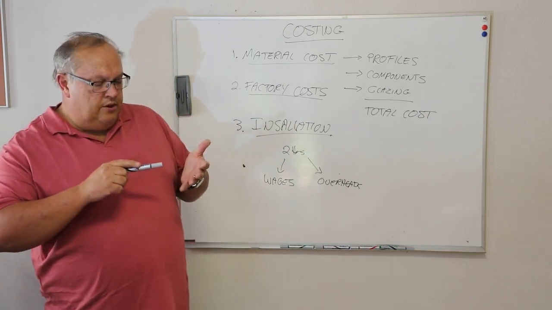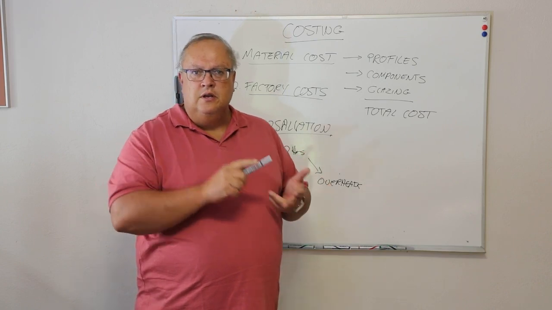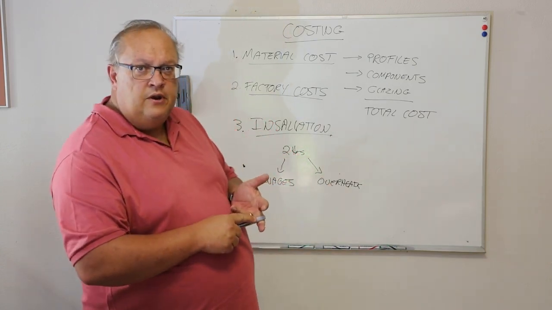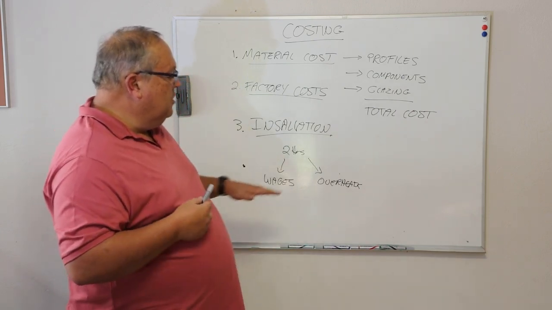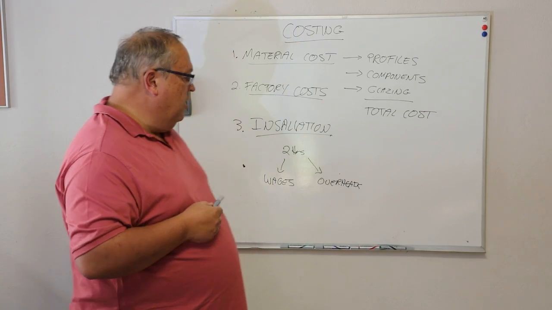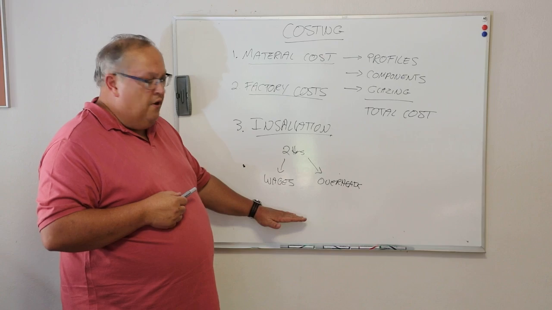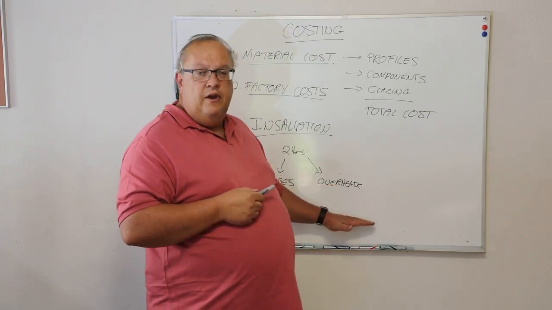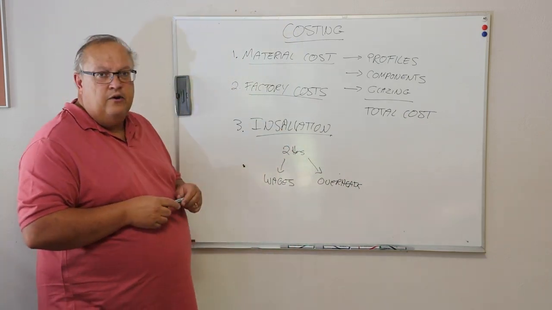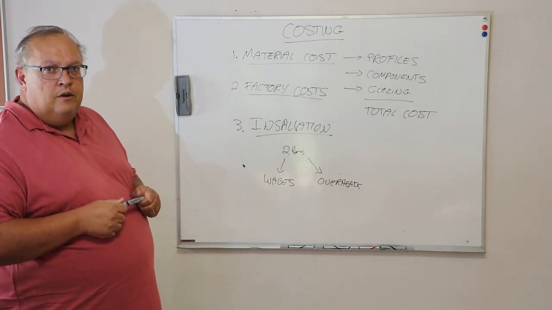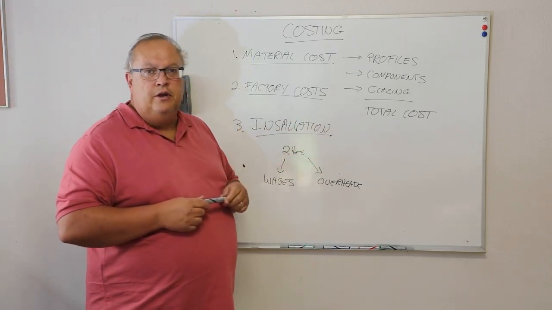That's going to include things like the vehicles that have to go to site, the petrol for those vehicles, the tools and equipment that are needed for those installations. A whole lot of parameters are going to determine what these overheads are. And only once I can work out what I'm paying my staff and what my corresponding overheads for the installation are, am I going to be able to work out an accurate installation figure. So that is one method, where you simply allocate time for a team to install each window.